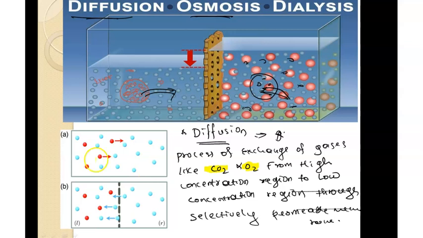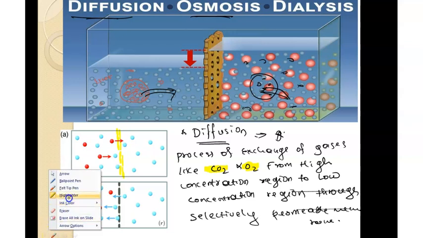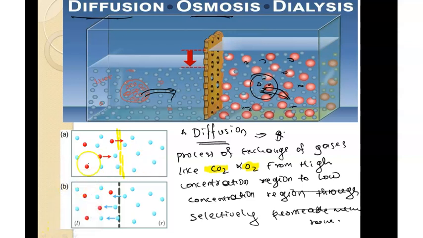Okay, I hope you understood. Let's consider this environment only. Here, let's say this is my semi-permeable membrane. And here I have a high amount of oxygen.